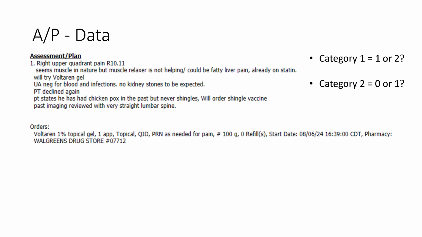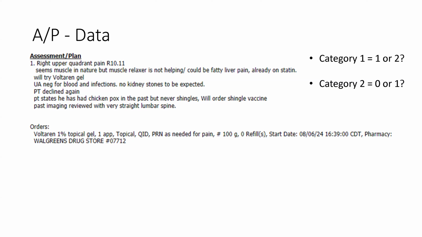From category 2, it's probably a 0 because like we discussed, I don't think passing an interview with a very straight lumbar spine is really going to meet the threshold to give credit for category 2. But the great thing is category 2 would have been a level 4 if documented appropriately. If they actually looked at the imaging and documented that correctly, that's automatically a level 4 without the UA or anything in it.